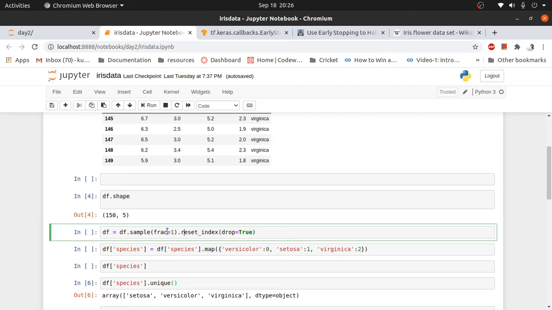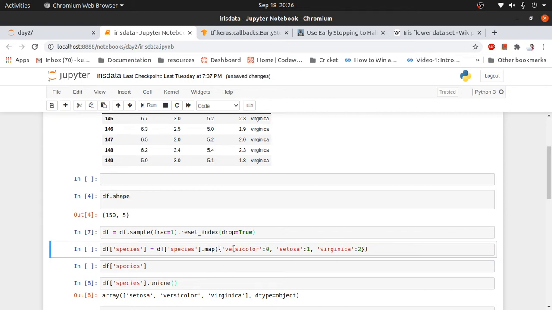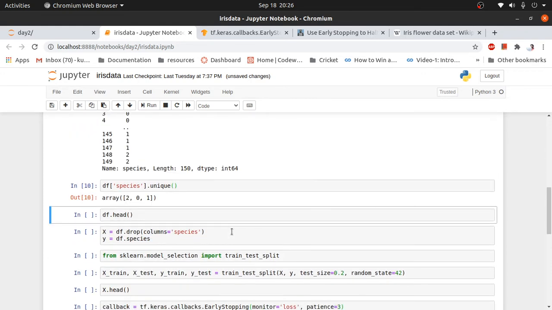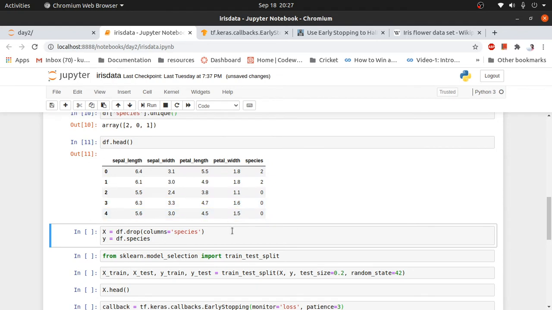So for our model to learn properly, we should have a correctly labeled and shuffled dataset. So that's what I am doing here. I am doing df.sample, which will shuffle the dataset randomly, and then I am resetting the indexes. Okay, so let's do this, and let's also encode the labels. That's what we did here. Let's see it once again.